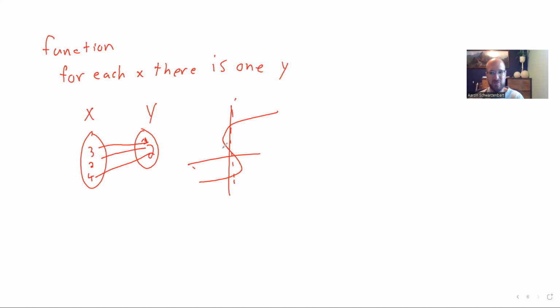Okay, domain. Domain stands for the values that x can take on. Anything that is legal for x to take on. Because we're dealing with real numbers, we're not going to have complex numbers, so there's a couple of things that you can't do. Kind of 3 in math. One of them is divide by 0. So if a value of x causes division by 0, it's not in the domain.